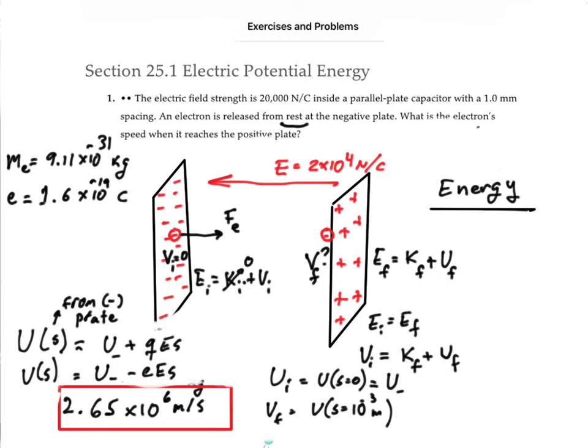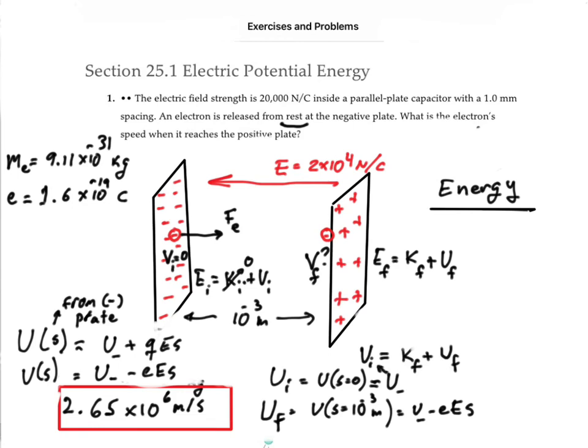The final potential energy, again, that looks like a V, but I meant it as a U, is the potential energy evaluated at S equal 10 to the minus 3 meters, because that's the distance between the plates. I'm just going to call it S for now, and we'll replace it later. So it's U on the negative plate, minus E times S.